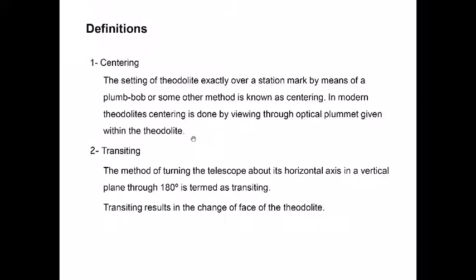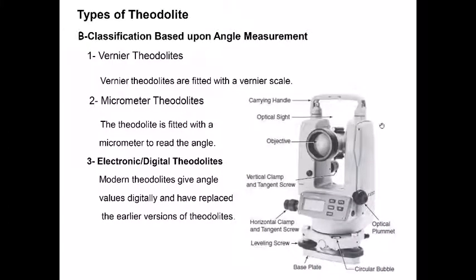Then the second term is called transiting. Transiting is when you rotate your telescope through 180 degrees. That means if, as of now, the observer is standing over here looking through the eyepiece, and this would be the line of sight, transiting means you rotate your telescope through 180 degrees so that now the objective would be towards the other side, the eyepiece would be at this side, and the observer would have to move around the instrument to this side, and now the sight would be into the paper in this direction.